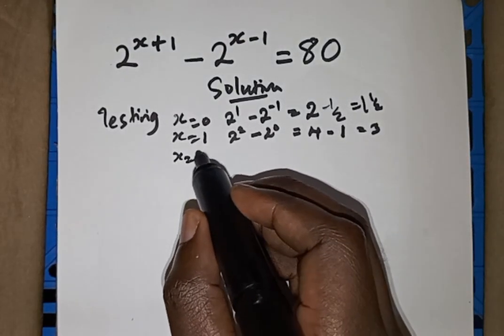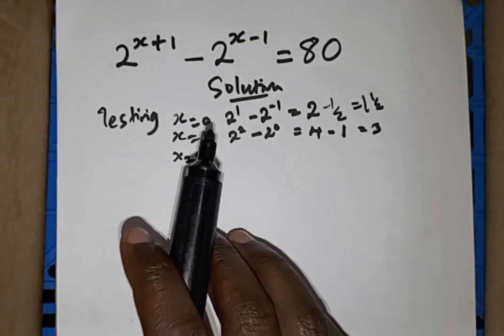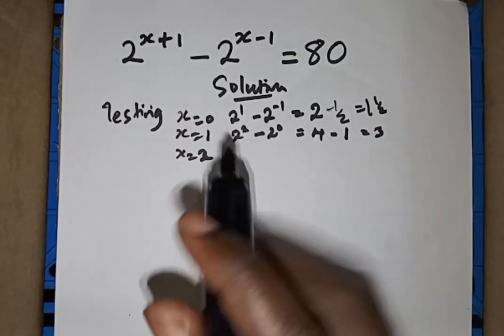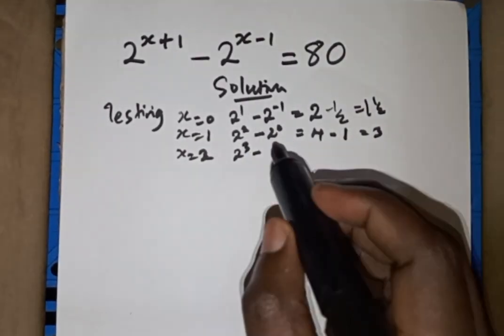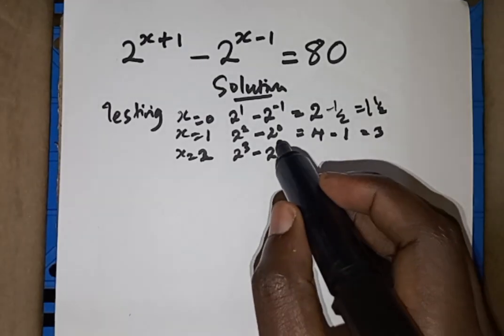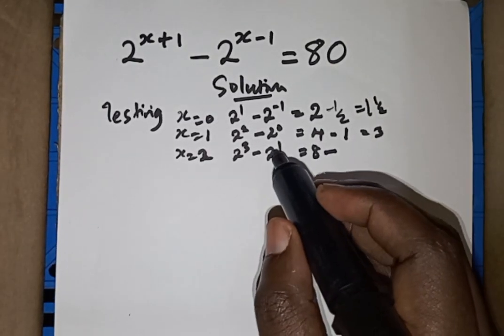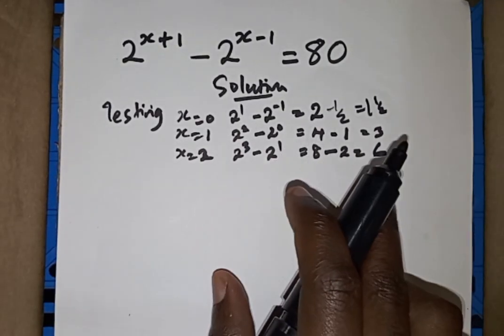When x is equal to 2, we're just testing gradually so that we see the range. Then this becomes 2 to the third minus 2 power 1, which is 8 minus 2. You get 6.